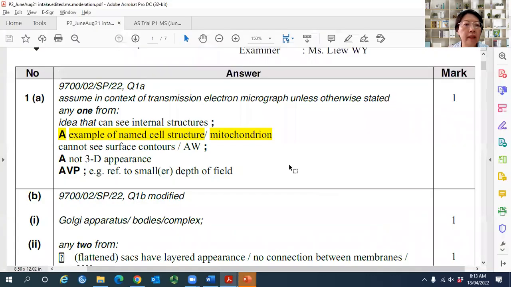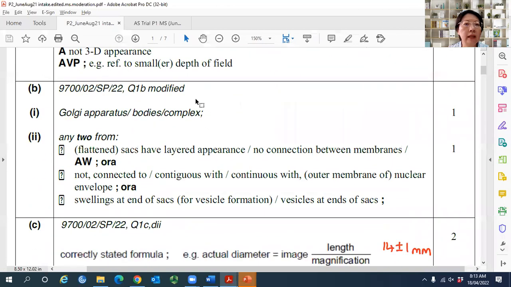The mark scheme says this is a Golgi apparatus or body or complex because it is made up of sacs that appear in layer form, stacked on top of one another, and there is no connection between the stacks of membrane-bound sacs.